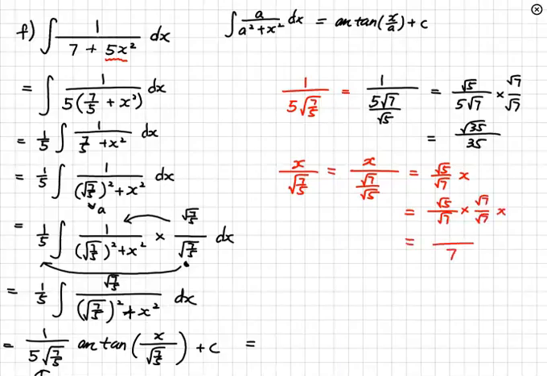So that will give us 7 for denominator and root 35 as numerator. So now we can rewrite the answer. So that will become root 35 on 35 arctan of root 35 on 7 x plus c.